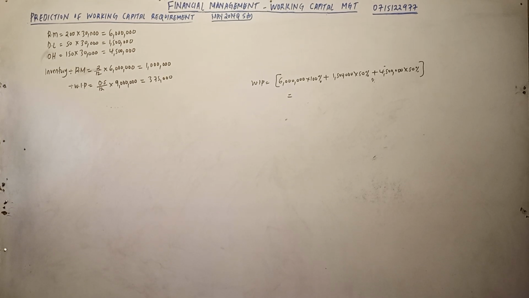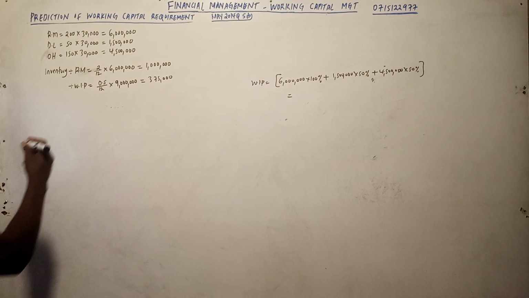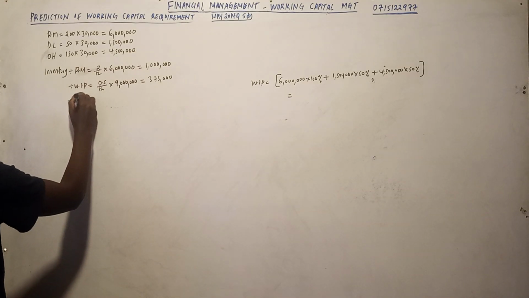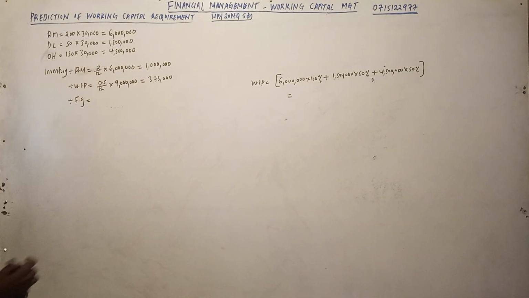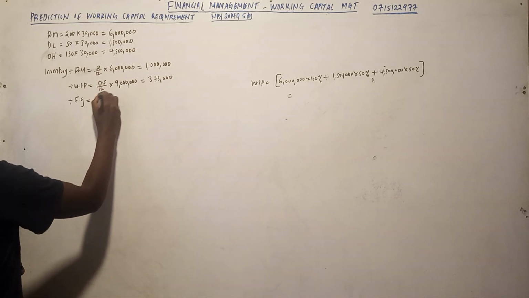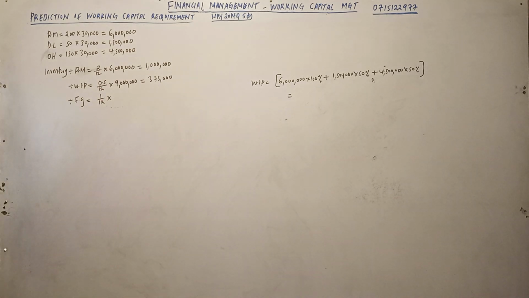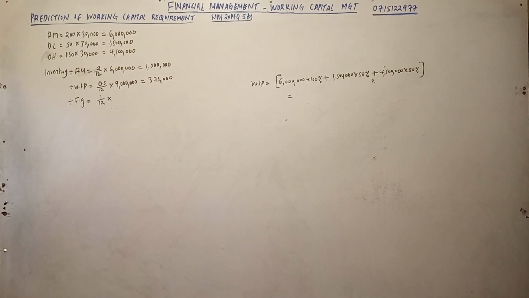Next, we have finished good, FG. So FG means finished good. Now finished goods are in stock for 1 month. So 1 over 12 times finished good. Now finished good hajatuambia anything to do with finished good, but we know finished good is the cost of production. Na ni hizo tatu. So let us pick the three of them.